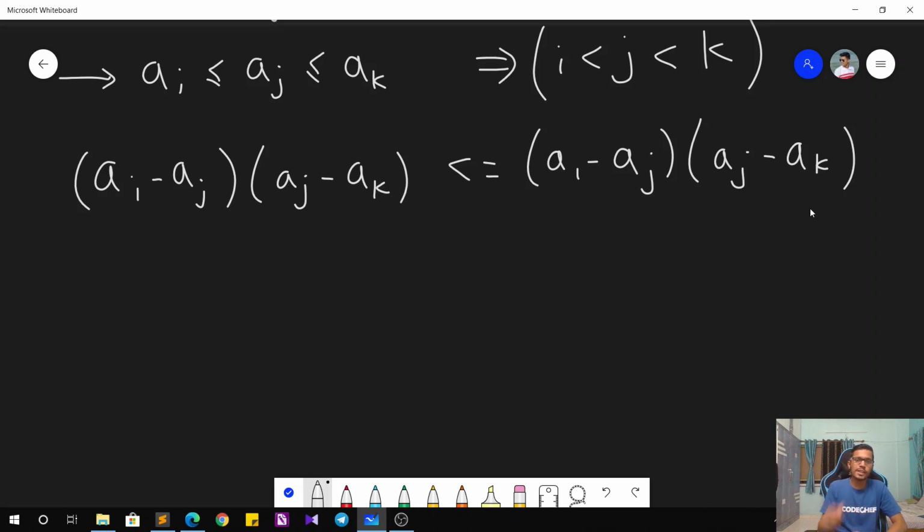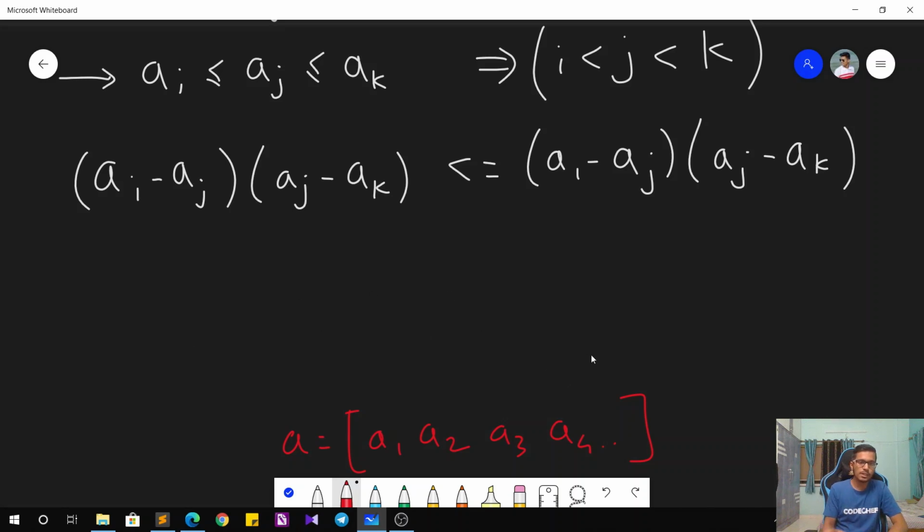Why? Because the array was sorted, right? Our array, if I write it over here, A1, A2, A3, A4, this is a sub array of our original array, right? And our original array is sorted. So A1 minus AJ is going to have a bigger value, bigger negative value. So this expression is going to be true, right? Because A1 is the extreme value in our array.